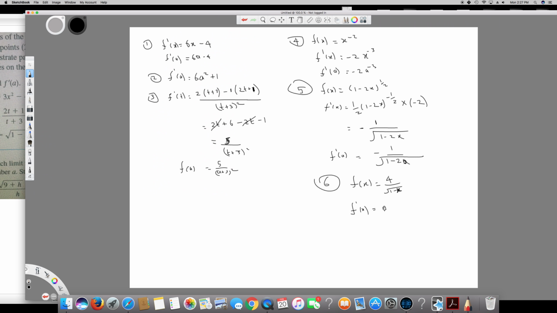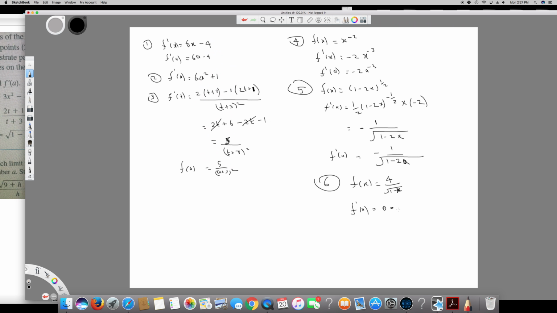I hope you understand, because 4 times x to the power of 0 is 4 times 1, so if I multiply by 0 it becomes 0, and multiplying by the bottom one, it's still 0. Then according to the quotient rule, I subtract the top one times the derivative of the bottom one.